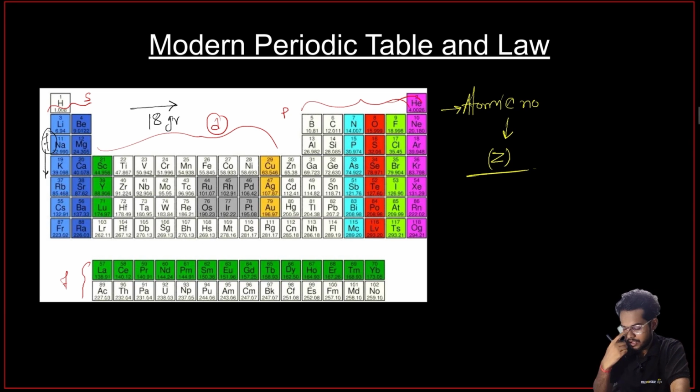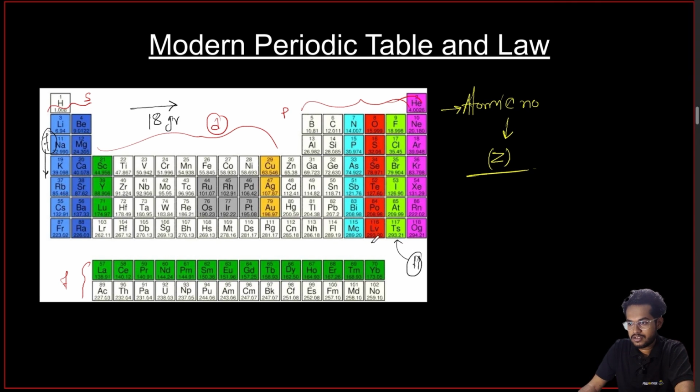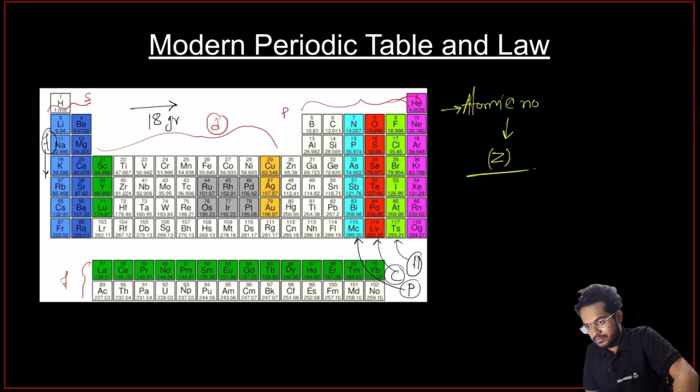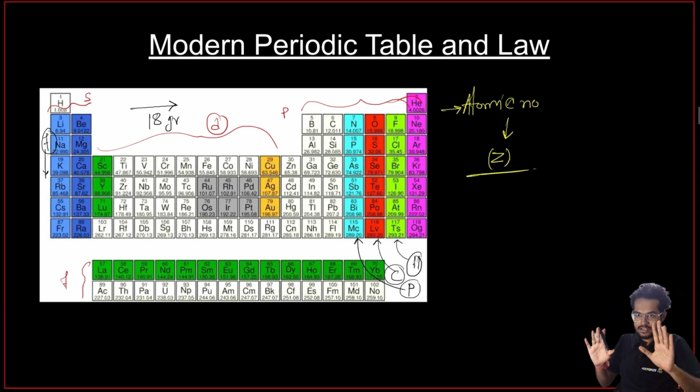It is divided into these four. Now, if I tell you more about it, if you need, this row is called halogens, this row is called chalcogens, and this one is called pnictogens. You don't need this actually. You mostly need this division of S, P, D, and F.